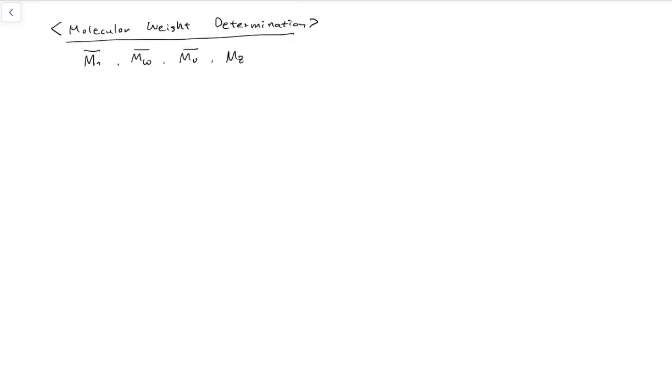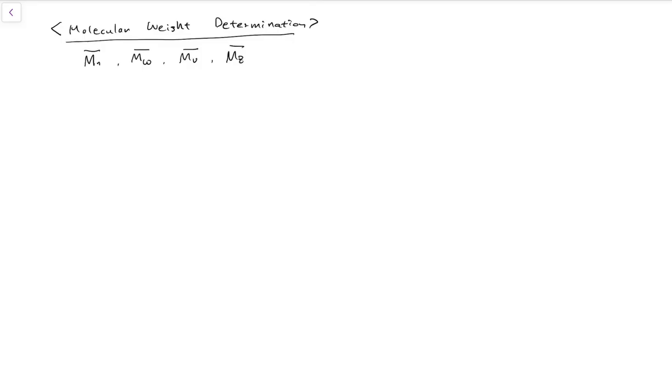This lecture we'll cover molecular weight determination. In the previous class we learned about the different kinds of molecular weight of polymers: number average, weight average, viscosity average, and Z average molecular weight.